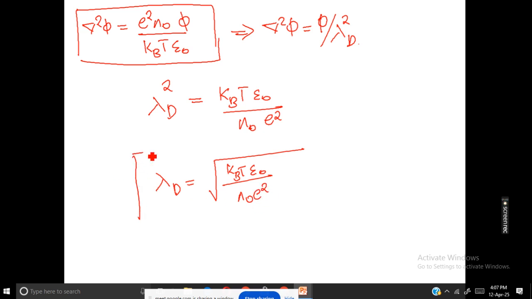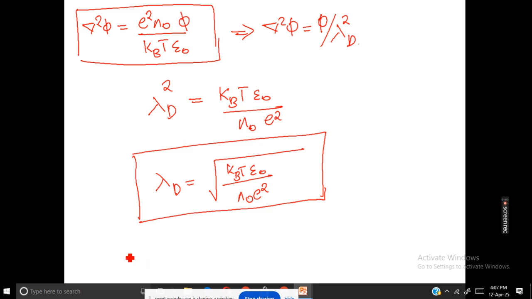This is the equation for the Debye length. It is the length up to which the effect of the charge will be felt. For r greater than lambda D, the effect of the external charge won't be felt within the plasma.